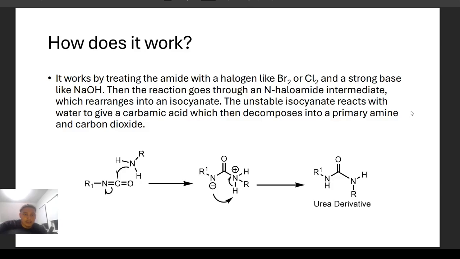The nitrogen's lone pair will attack this carbon. This carbon will break its bond to the nitrogen, and this looks familiar to the Curtius, where the nitrogen's lone pair will attack this hydrogen right here and steal it and form NH over here. This then stabilizes. Instead of NH2R, it's just NHR over here.